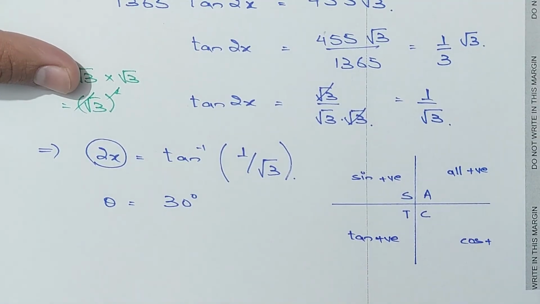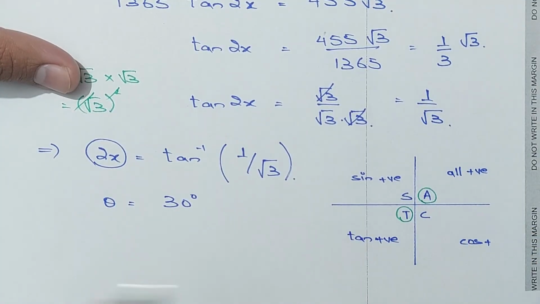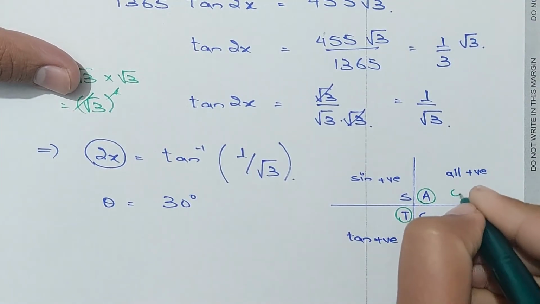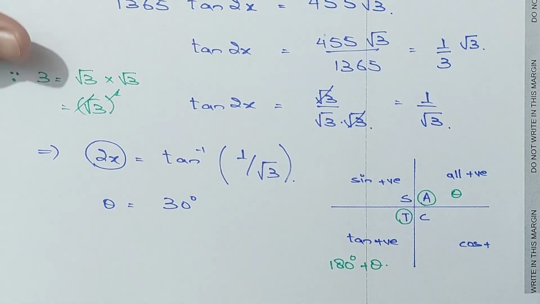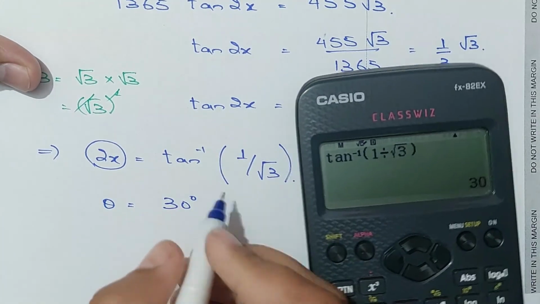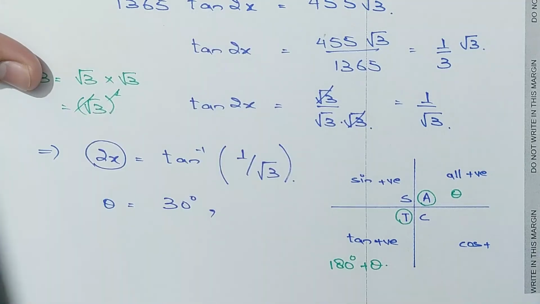So tangent is positive in the first quadrant and in the third quadrant. In the first quadrant we use the value of theta, and in the third quadrant we use 180 degrees plus theta. So the other value is 180 add 30, which is 210.